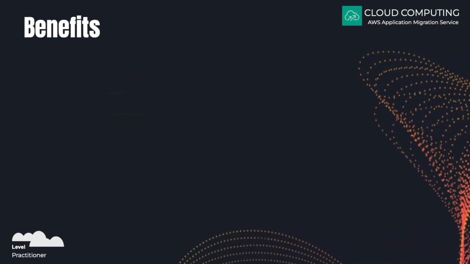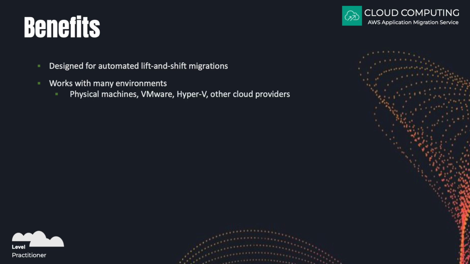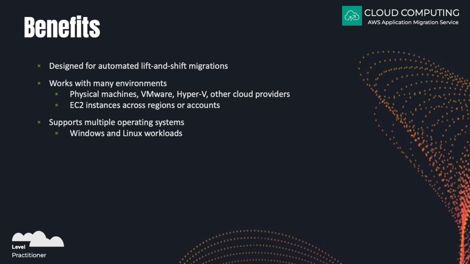To highlight some of the key benefits and characteristics of Application Migration Service, we can say, first of all, as we said earlier, it automates lift and shift migration so you don't need to rebuild servers or redesign applications. It supports many environments like physical servers, VMware, Hyper-V, and other cloud providers, or even EC2 instances, as we talked. It works across both Windows and Linux workloads using the same consistent process.